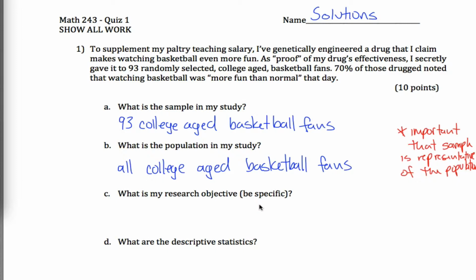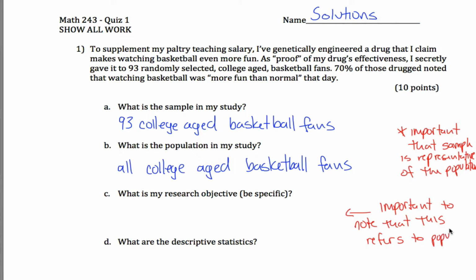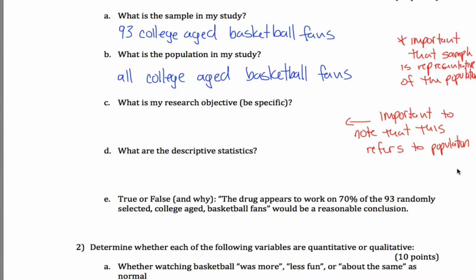The first step in this 4-step process is to identify your research objective. The research objective, maybe I even write this in red: important to note that this refers to the population. Both the research objective and the conclusion down here must refer to my population, not my sample. That's really important. It's easy to confuse those two.